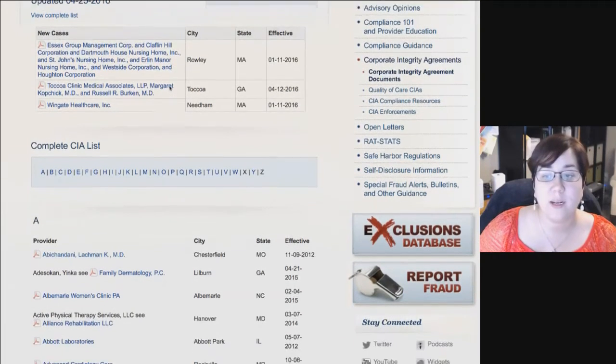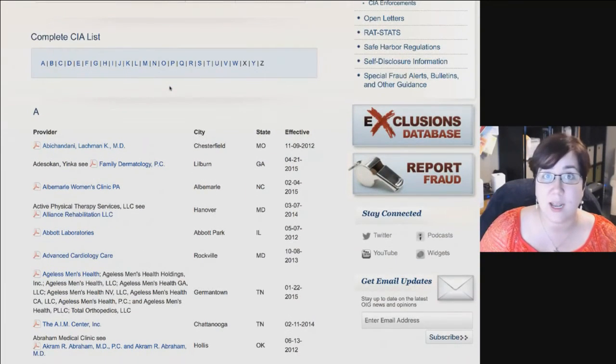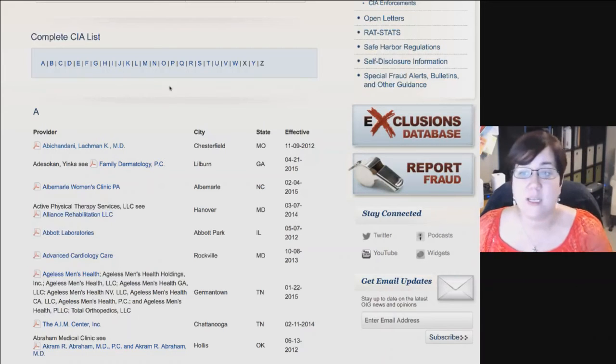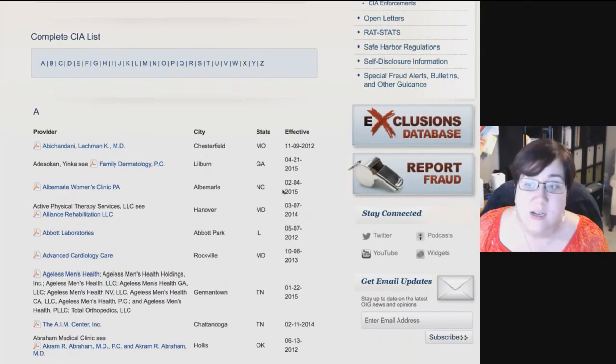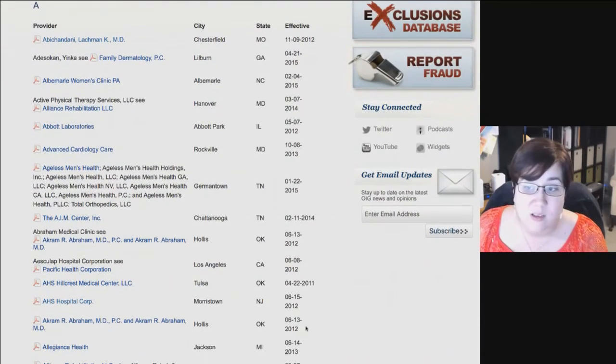But you can go down here and see it gives you the name of the provider or entity that the corporate integrity agreement is with, the city and state, and when it went into effect. So you can see some of these are new, right? Some of these are 2015. Some of these are dated back to 2011, 2012, 2013.